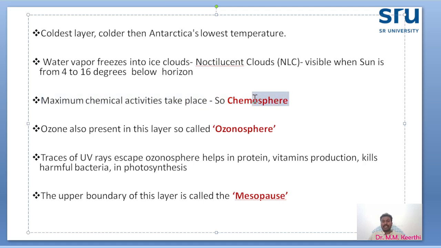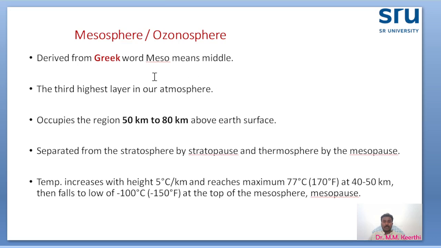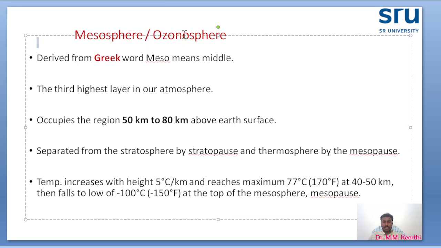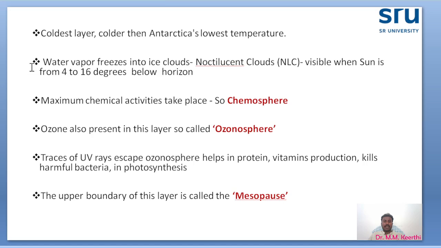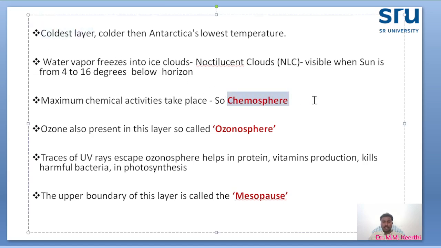That's why this layer is called the chemosphere. And ozone is also present in this layer. That's why it is called the ozonosphere. So the mesosphere we can call the ozonosphere, the coldest layer, and the chemosphere. So there are three names.